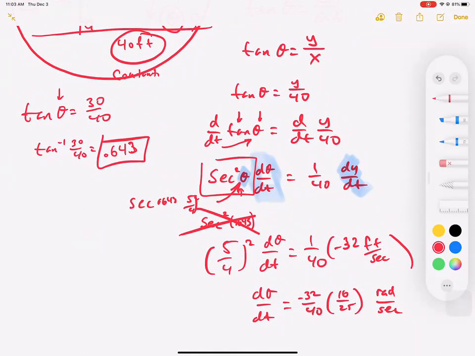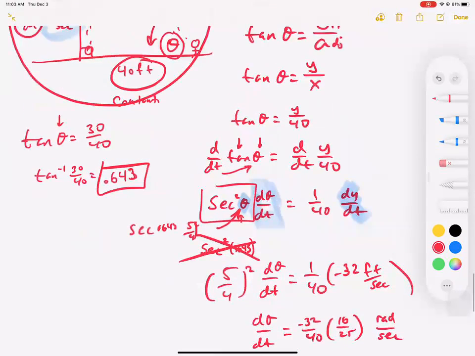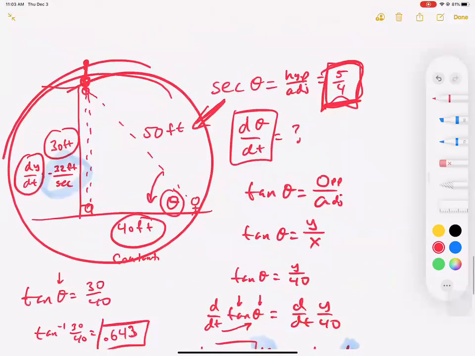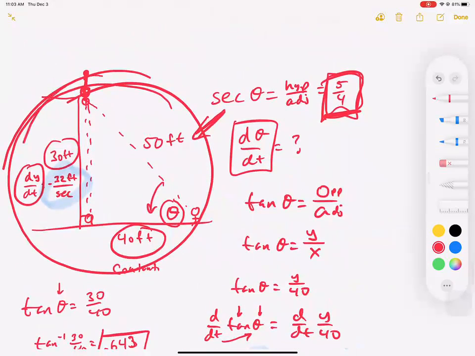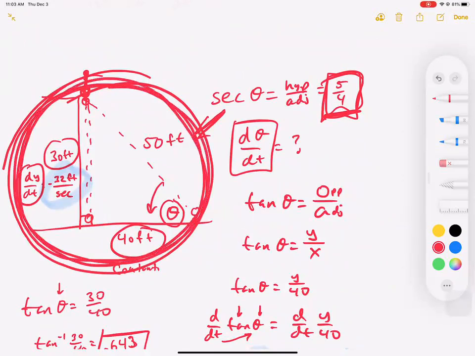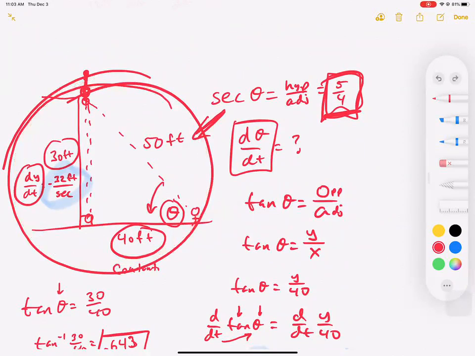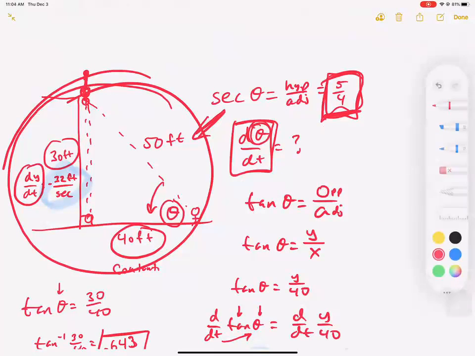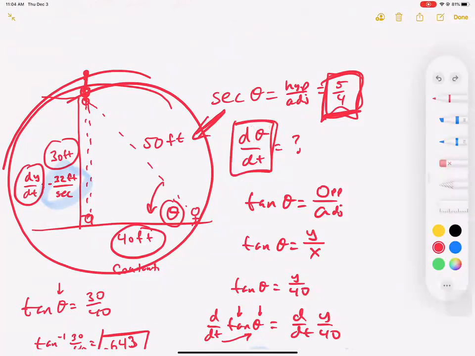Okay, let's go through the related rates part to reiterate. The first step is to come up with an equation that illustrates what's going on, taking advantage of everything that you know already. They want to look for d theta dt. That means I need a theta equation. Pythagorean theorem will not work here, since it is x squared plus y squared equals c squared, and there's no theta.